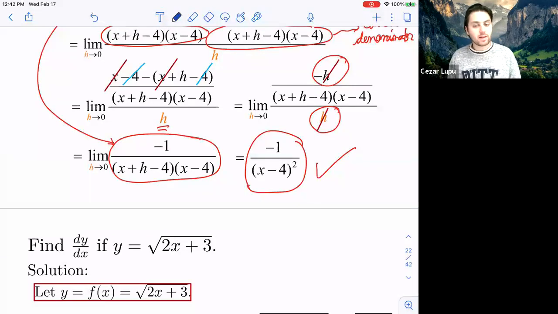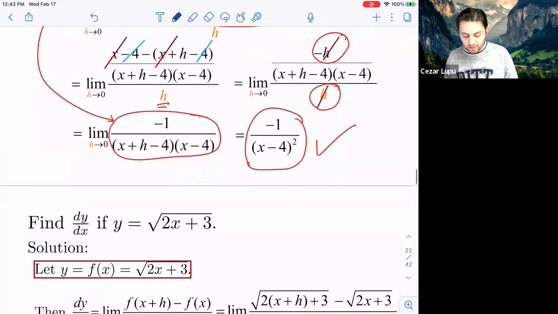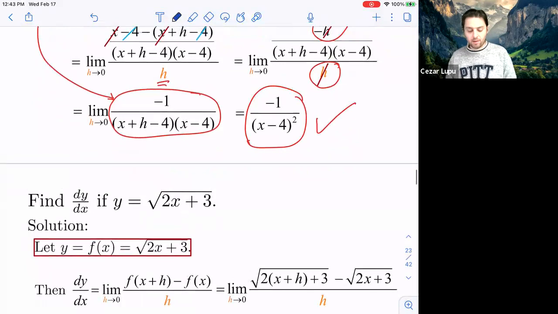And pay attention here, I would like to say one thing. When you have the square root of something, always think of applying the conjugate at some point. All right, so let's apply the definition. So keep in mind the definition, so let me write it here again.